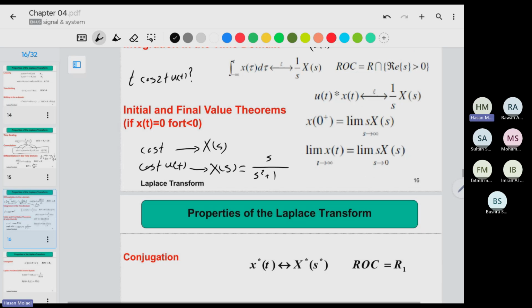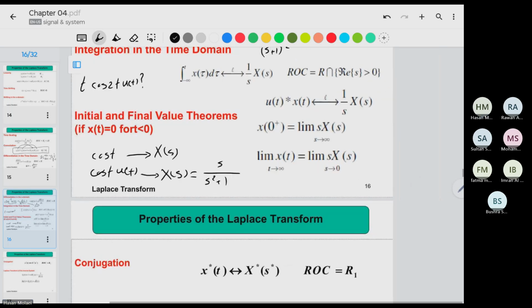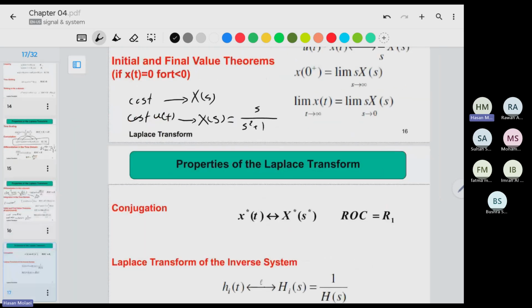The difference between these two is, can I write here? This is cosine t, this is cosine t u(t). If I write the definition, this is the definition of Laplace transform.